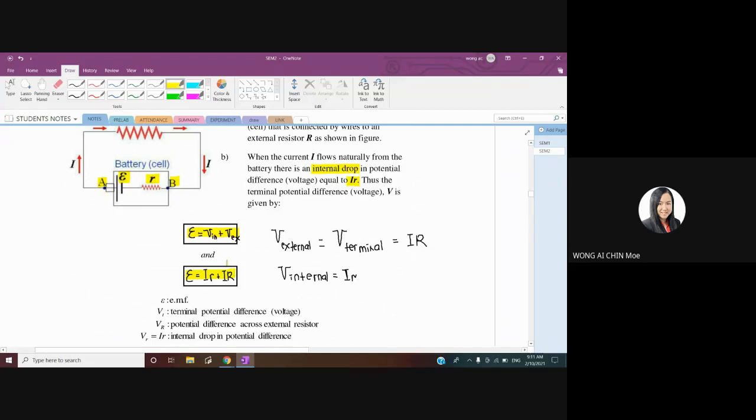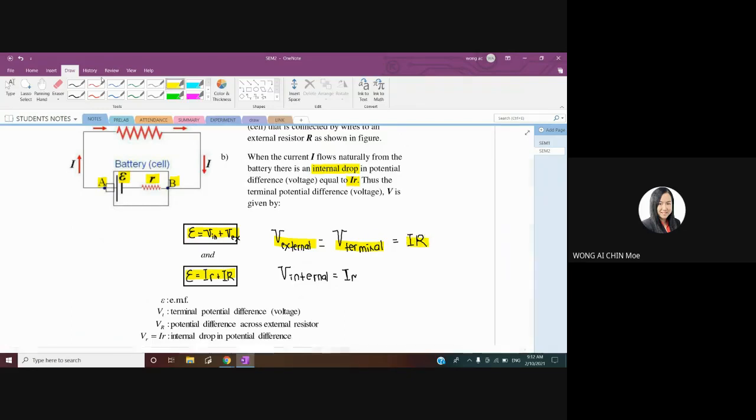So V external, sometimes we call it V terminal, because they only measure from point A to point B, external. Or we can write it as IR.